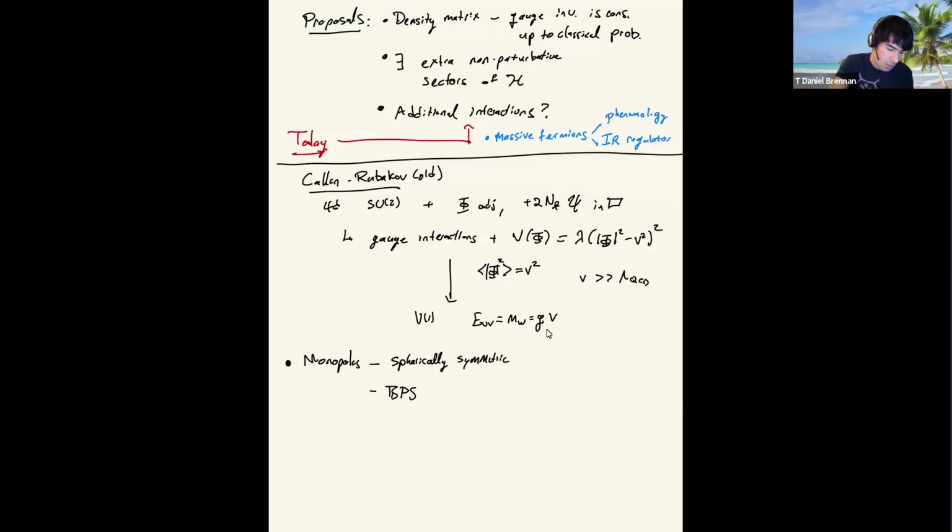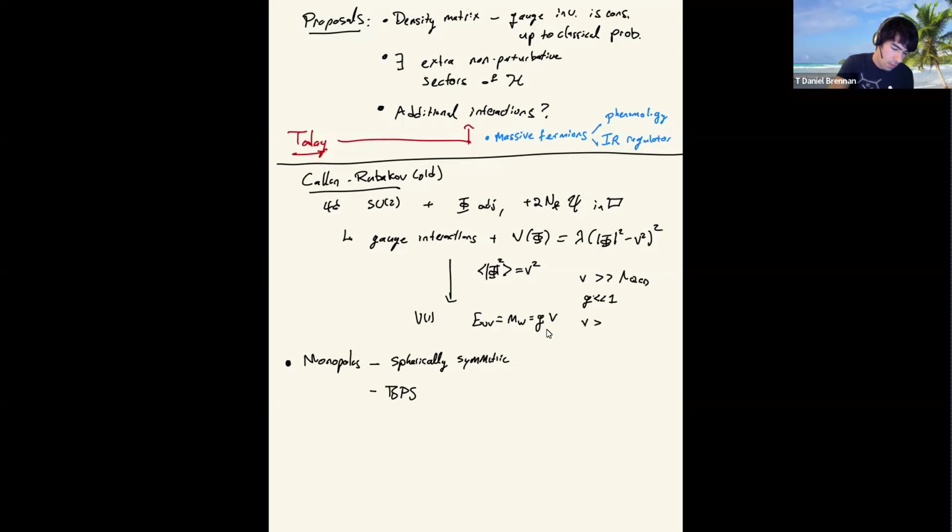And I'm also taking g to be very small, since we have a weakly coupled theory. So I want v much bigger than the mass of the W boson, which is much bigger than Lambda QCD. Here everything is totally semi-classical and very well controlled.